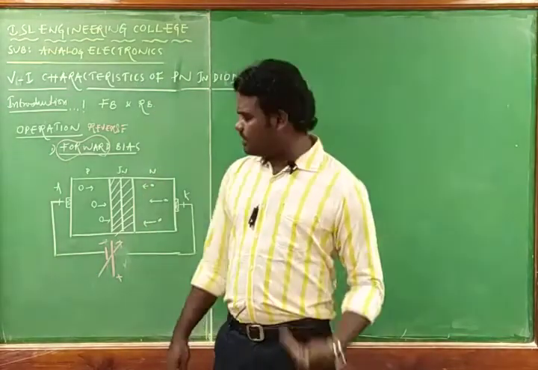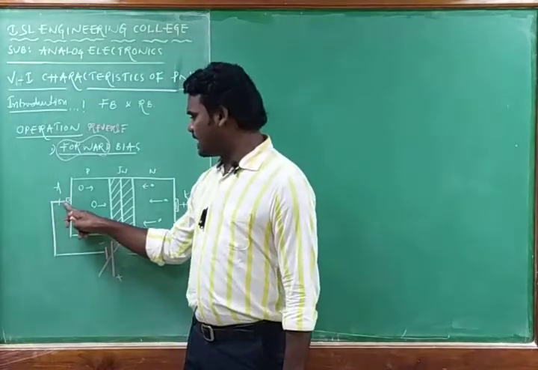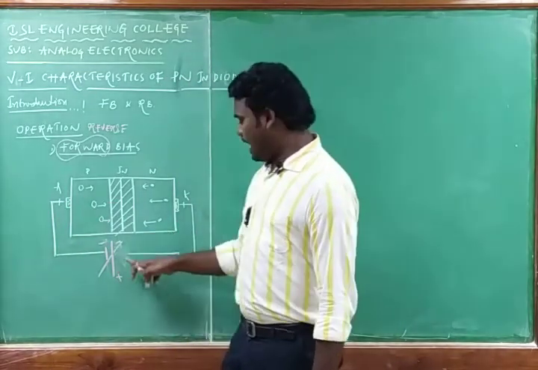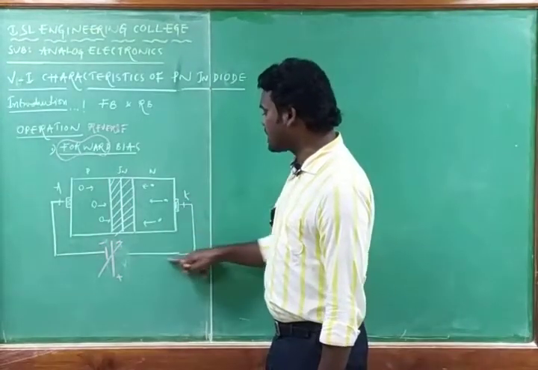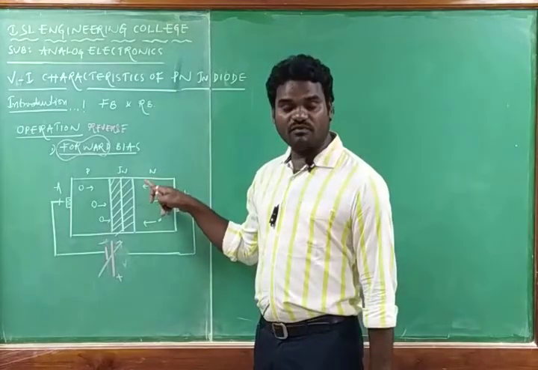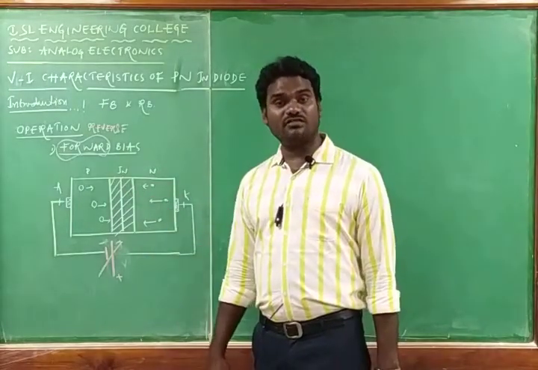Then what happens? This wire is carrying the negative charge, and it is connected to the semiconductor with more positive charges. And this wire is carrying the positive charge, which is connected to the semiconductor that has more negative charges.